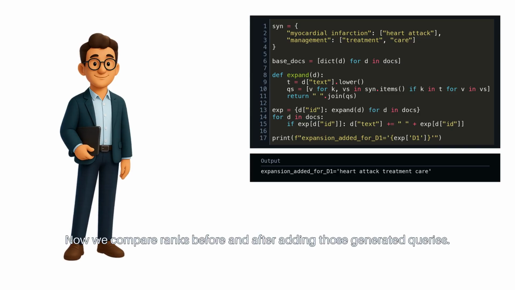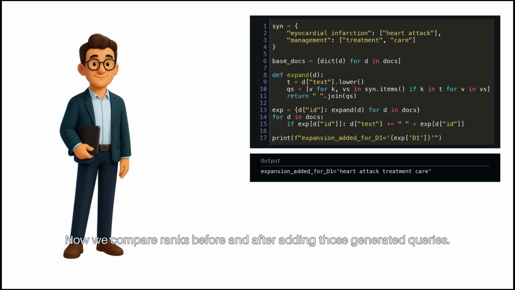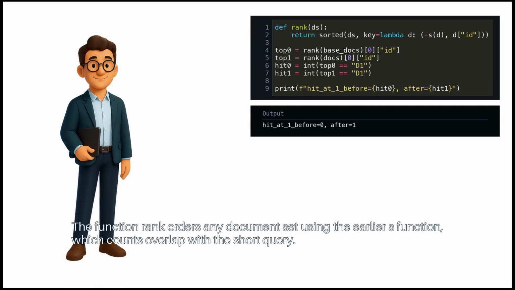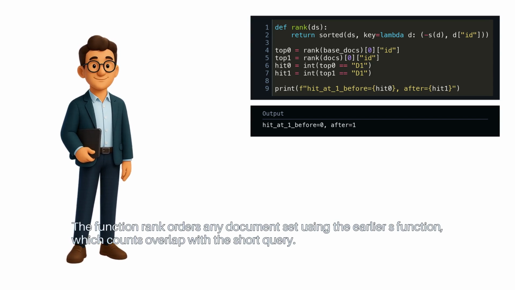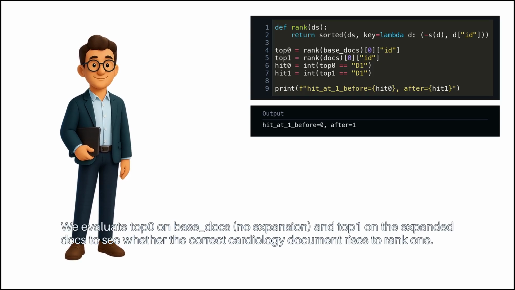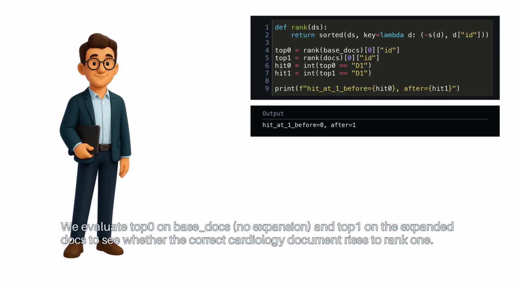Now we compare ranks before and after adding those generated queries. This code compares top 1 accuracy before and after doc2query style expansion. The function rank orders any document set using the earlier S function, which counts overlap with the short query. We evaluate top 1 on base docs, no expansion, and top 1 on the expanded docs to see whether the correct cardiology document rises to rank 1.